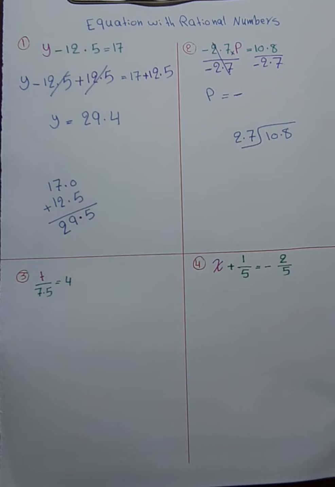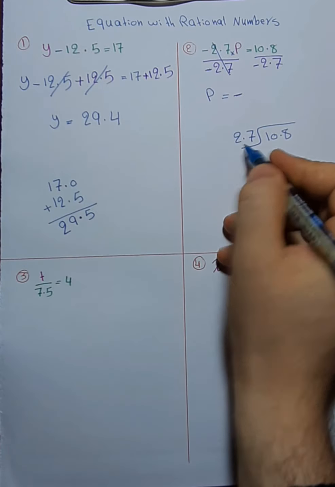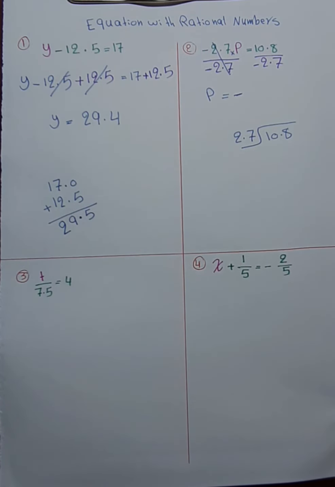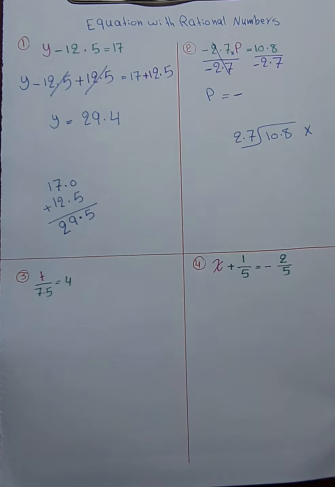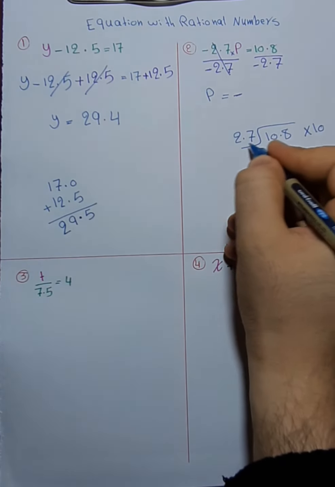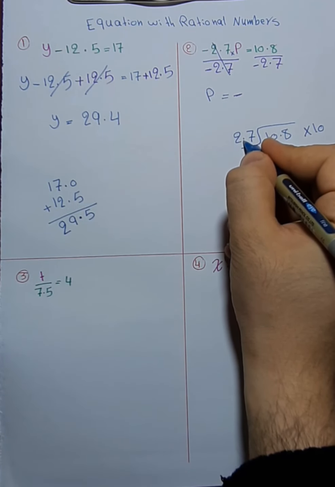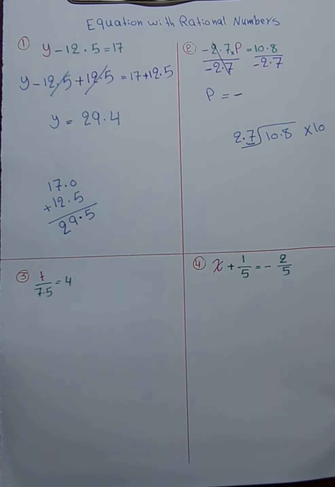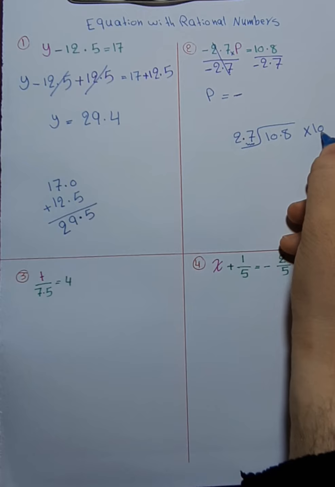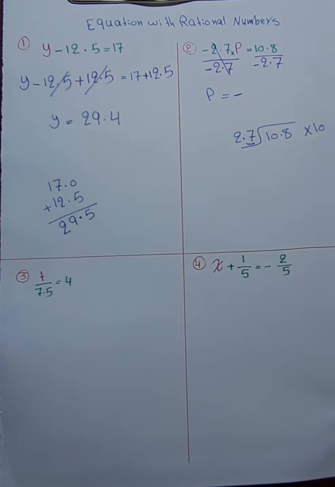For this type of division, the divisor is a decimal number. We have to change it to a normal number by multiplying. We have to multiply both sides by 10, because in this divisor we have one number after the decimal point, so we multiply by 10. If you have two numbers, you have to multiply by 100, divisor and dividend.